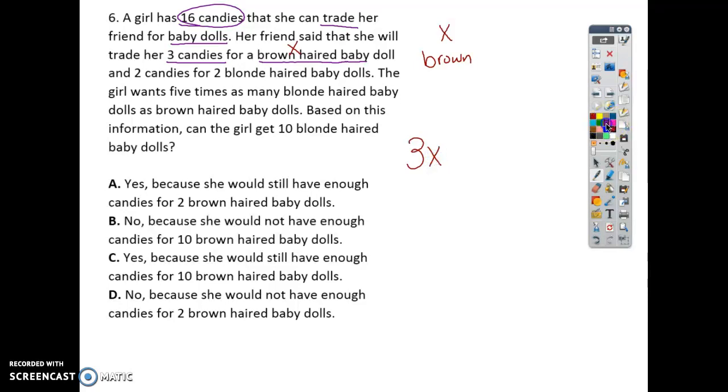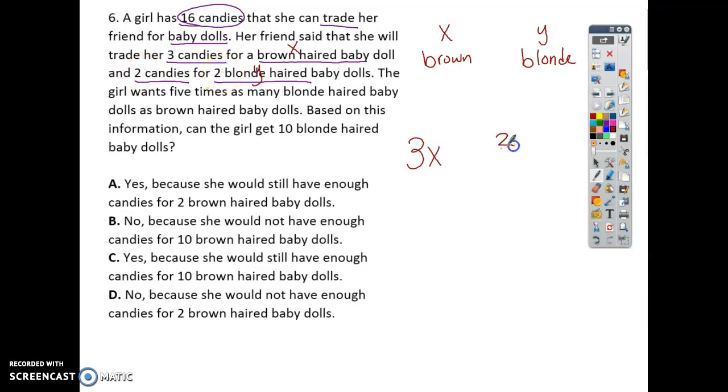Okay? Then it says, and 2 candies for 2 blonde-haired baby dolls. I'm going to use Y's for the blonde baby dolls. So Y is blonde. And it says that I can get 2. I can give you 2 candies and get 2 of them.